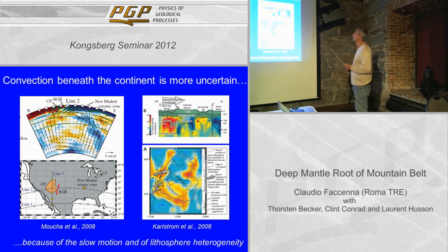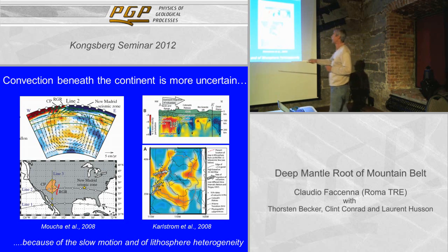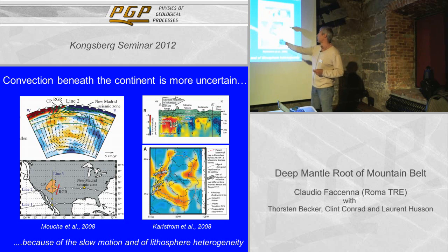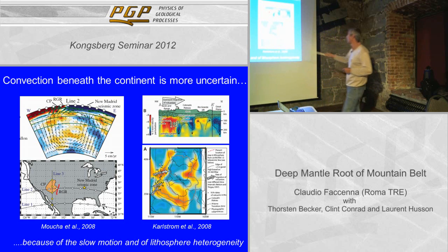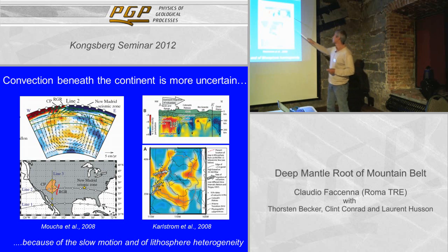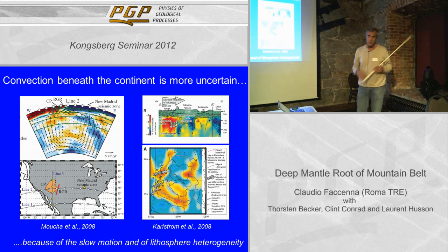Here, in fact, we don't really know, and the pattern of convection we are expecting is more uncertain. For comparison, I just show you two models for understanding the vertical motion of the Colorado Plateau. On the left you have, for instance, Mucha et al., who claimed vigorous whole mantle convection explaining the uplift of the Colorado Plateau, whereas on the right you have another approach explaining the same process just by small-scale convection confined in the asthenosphere and related instability.